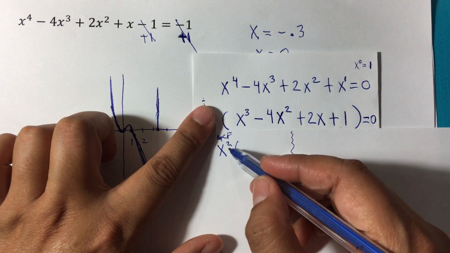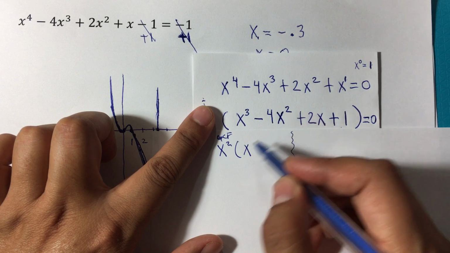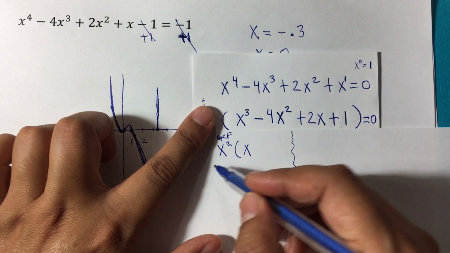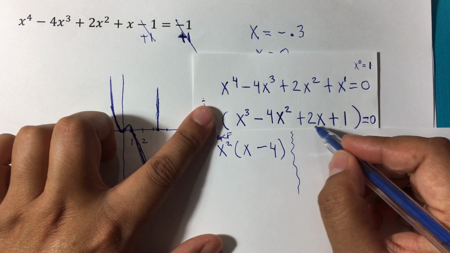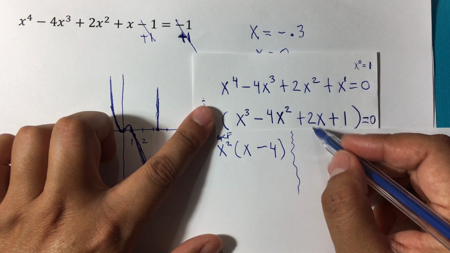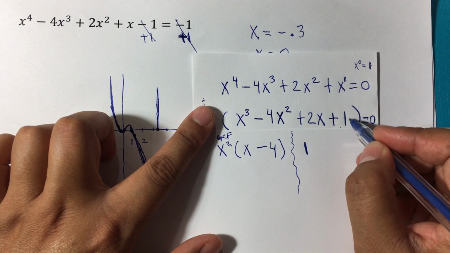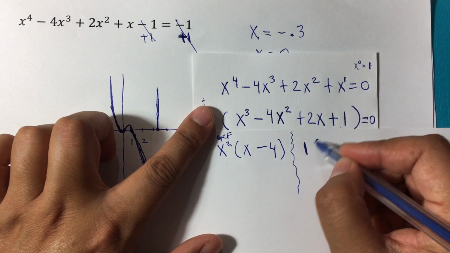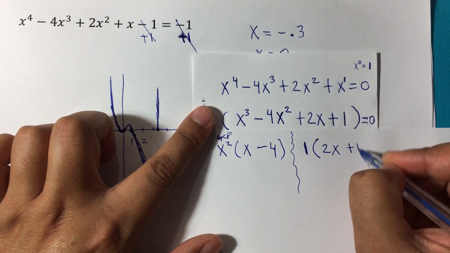Start dividing. x cubed divided by x squared is x. Negative 4x squared divided by x squared, the x squared cancels, so it's just negative 4. Then in here, we don't have a number that goes into both 2 and 1 other than 1, and it doesn't have a variable in common, so 2x divided by 1 is 2x, and 1 divided by 1 is 1.